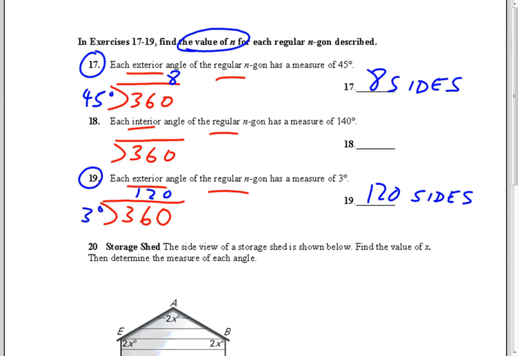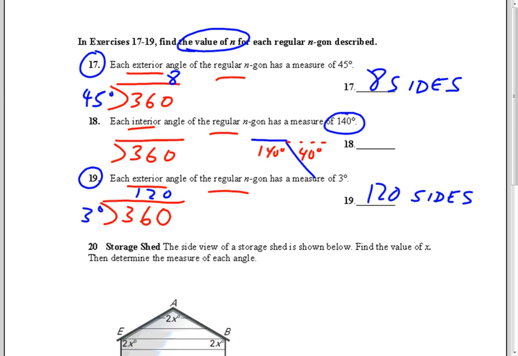I'm doing the same thing, but I need the outside. They're telling me the inside. So how can I find the outside? Subtract from 180. Draw a picture. Same deal as the other page. Extend the side. I have 140 here. That means I have 40 on the outside. Does that make sense?